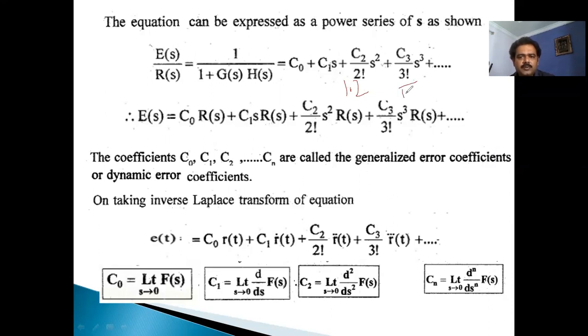So here 3 factorial means 1 into 2 into 3, you will get 6 value. Here you will get 2. Okay, is it clear? Similarly, 4 factorial means 1 into 2 into 3 into 4, whose value is 24. Okay, so that is factorial, 2 factorial, 3 factorial, and so on.